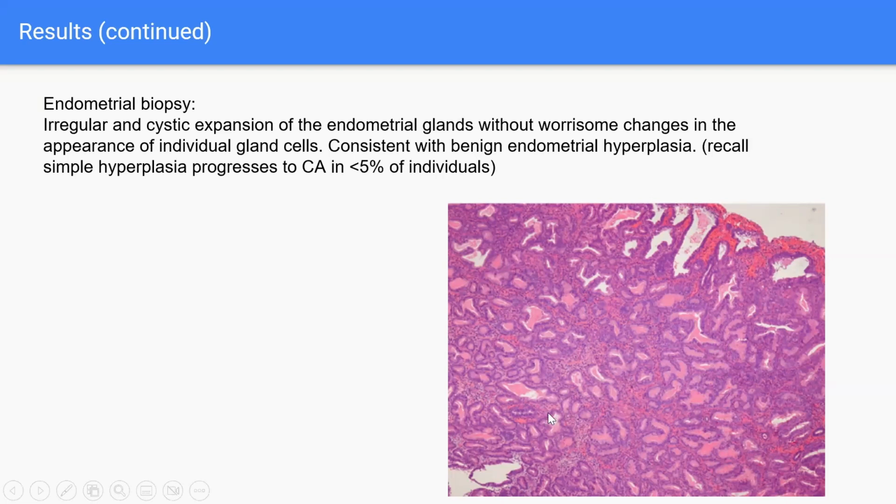So it's very possible that all of these glands being produced now can eventually mutate and become cancer. That's why we need to watch this and adequately treat it, which we'll talk about. In this case, benign endometrial hyperplasia, simple hyperplasia, progresses to cancer in less than 5% of individuals. However, 5% is still a big number when we're talking about people diagnosed with cancer. So it's important to do adequate treatment.